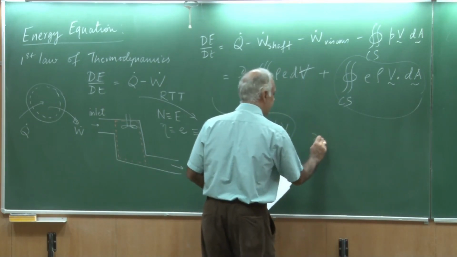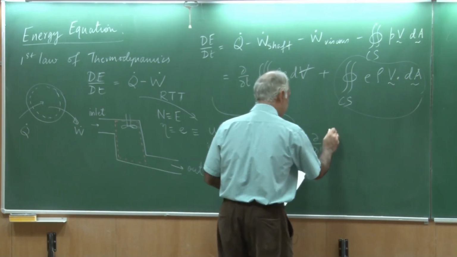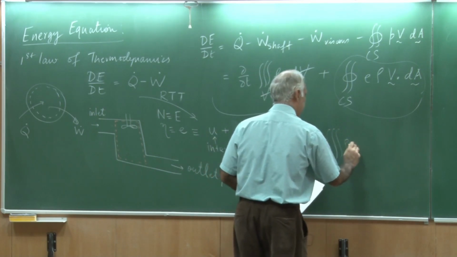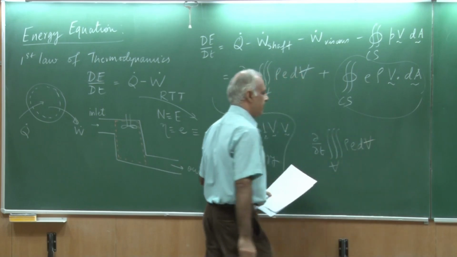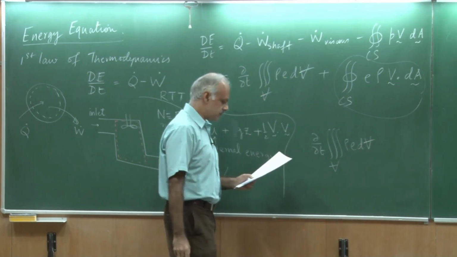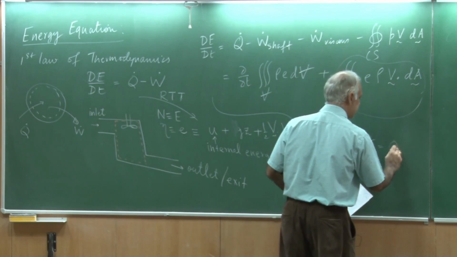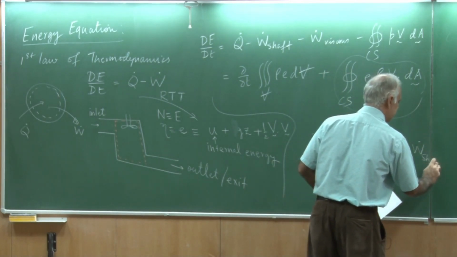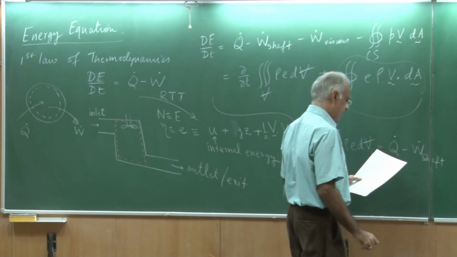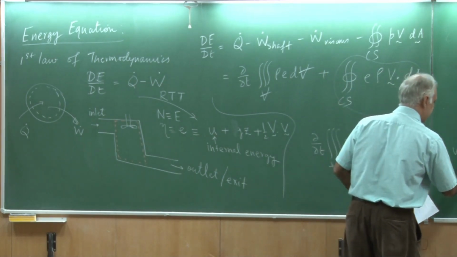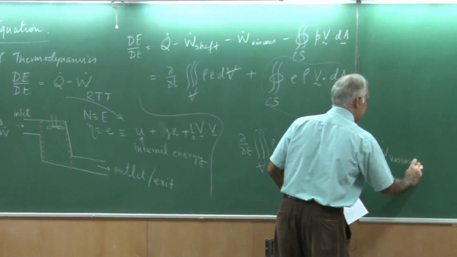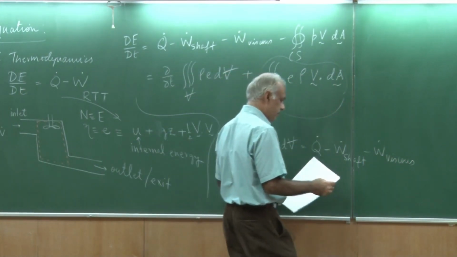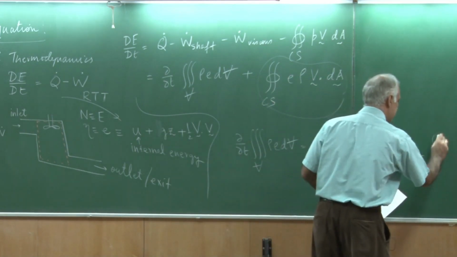We were able to write that the rate of change of energy inside the control volume could be written as Q dot minus W dot shaft work minus the viscous work, and we were able to combine certain terms.